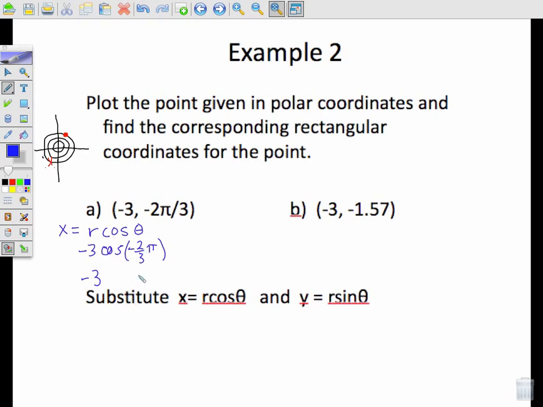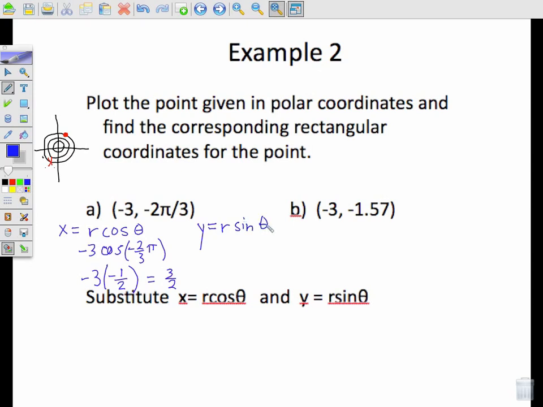You have to find the cosine of negative 2/3 pi, and that is equal to negative 1/2. So this is equal to 3/2. So the x-coordinate is 3/2.